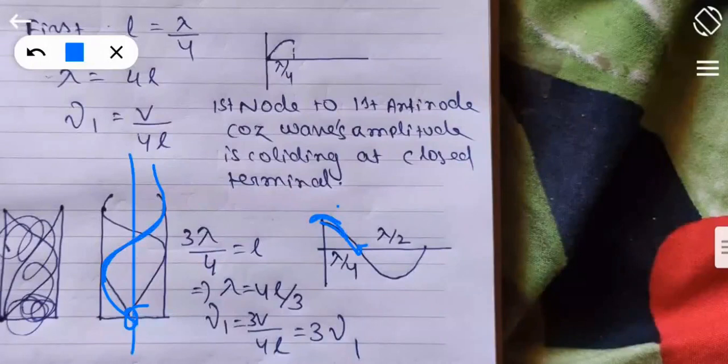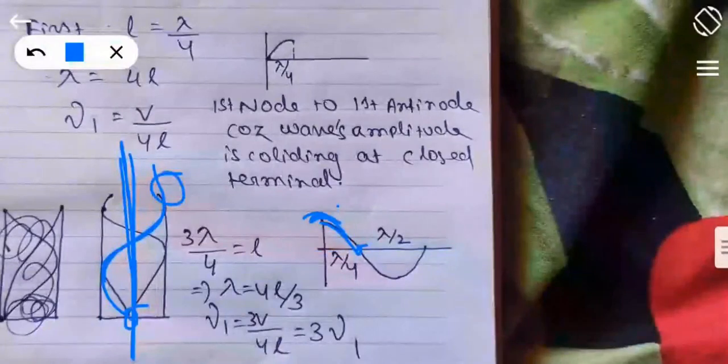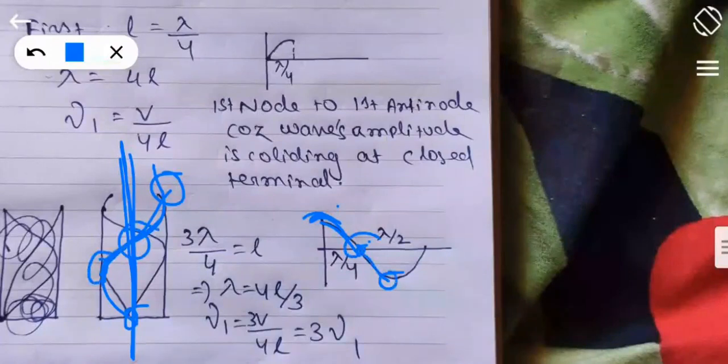This is the middle line. So you can say it is starting from the highest point, touching the zeroth point, going and touching the negative maximum point, then reaching again the zeroth point.